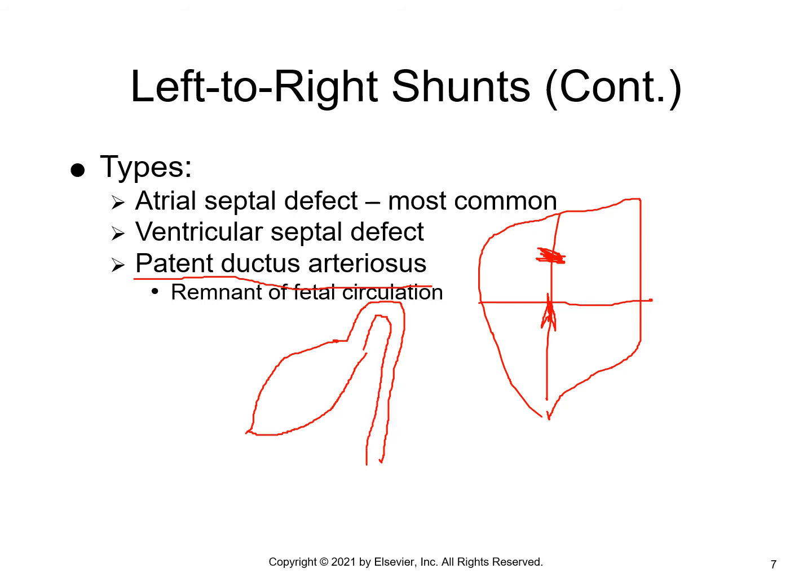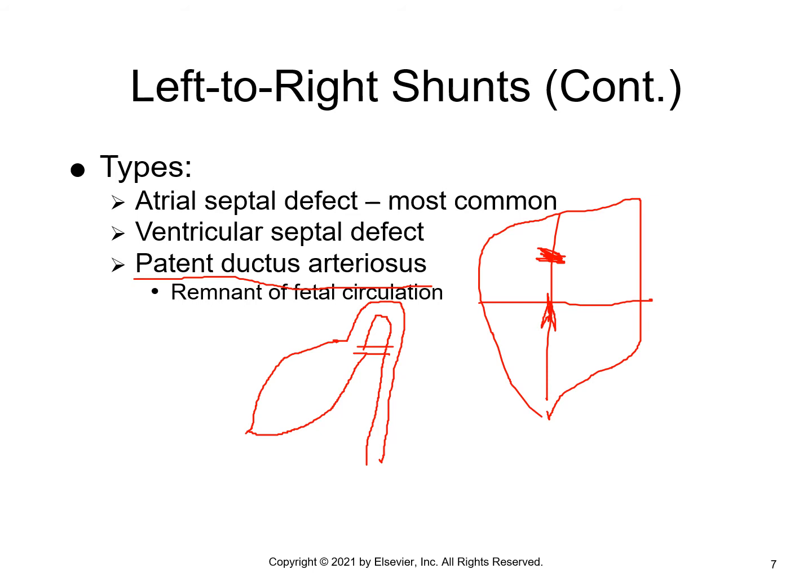Now, in fetuses, they have this little connection from the pulmonary veins directly into the aorta, and that is called the ductus arteriosus. Now, the ductus arteriosus is there again because all the blood doesn't really need to go through the lungs. So as the blood comes out into the pulmonary arteries, there's this little shunt that can take them from pulmonary artery to aorta without having any blood flow to the lungs themselves.